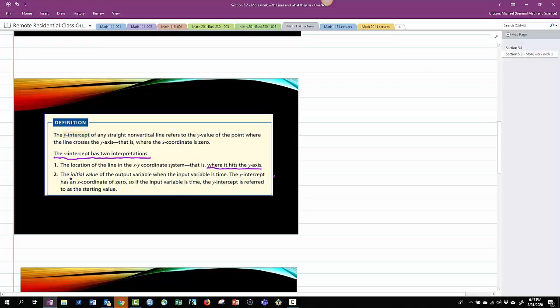The other, when it means something in a word problem or as a model for something going on in the real world, is the initial value or starting value of the output variable. So it's the starting value for y, or initial value, same thing, different word.